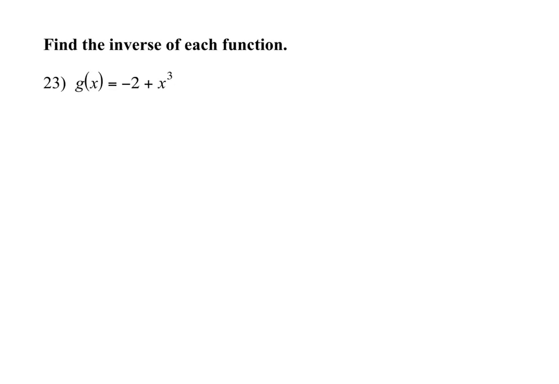The first thing we did is finding an inverse, okay? So your steps for finding an inverse: the first thing you do is you switch x and y. Remember, f of x or g of x, that is your y. So switch x and y. Then you're going to solve for y.